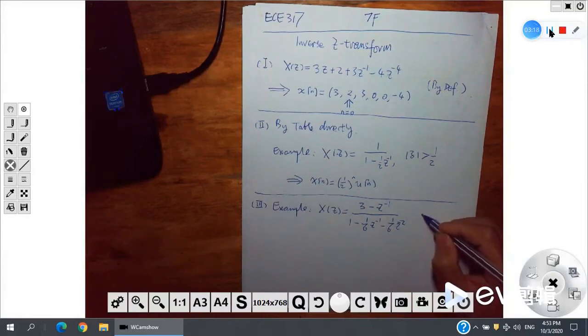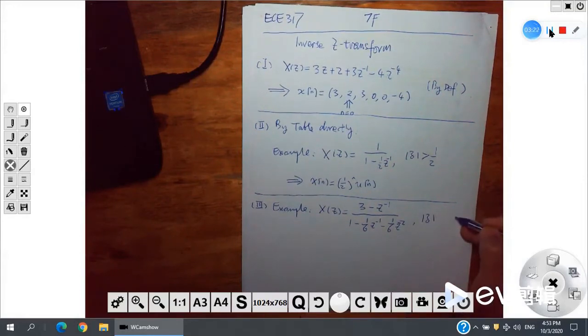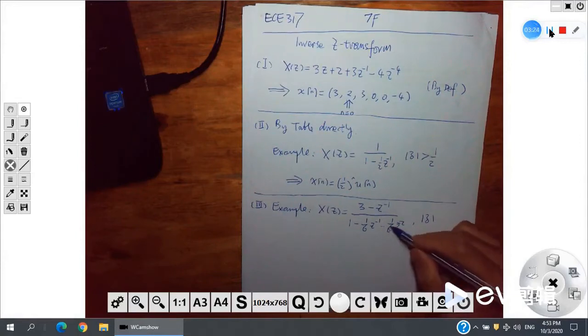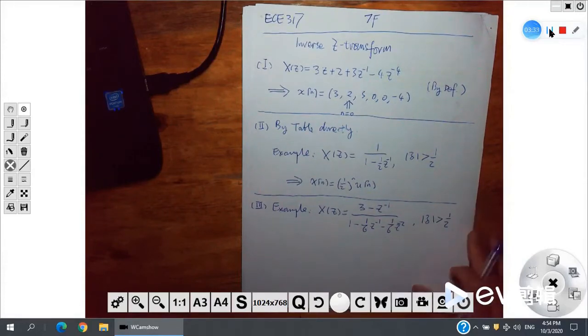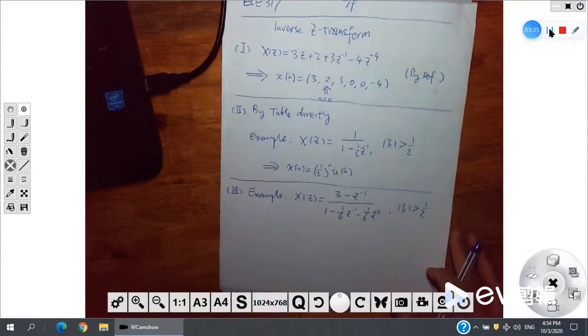And our region of convergence will be larger than 1 half. Okay, so this one you cannot use the table directly.